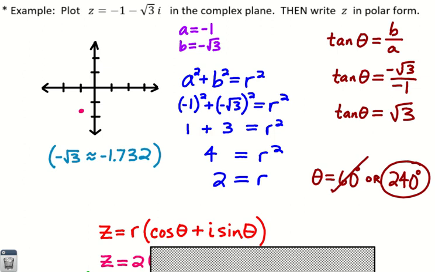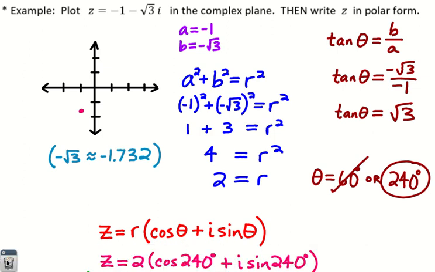And so now that we know theta, we finish plugging into polar form. So the final answer here is that. That is in polar form, with R and theta plugged in. So there we go.